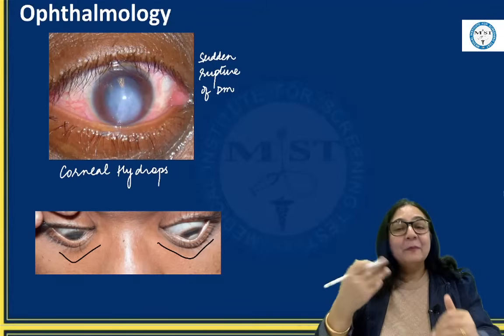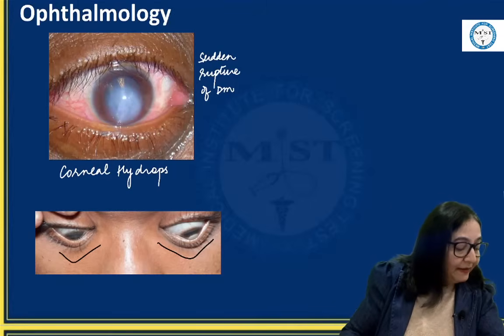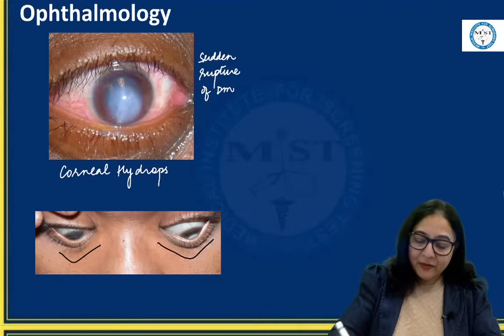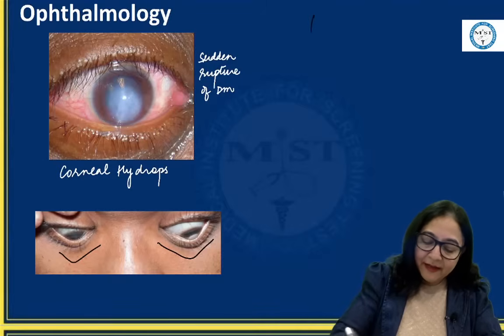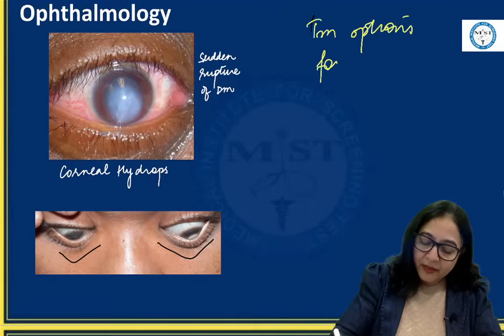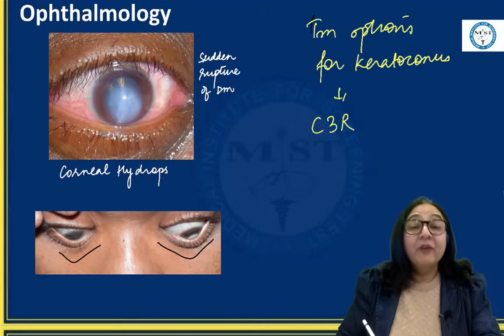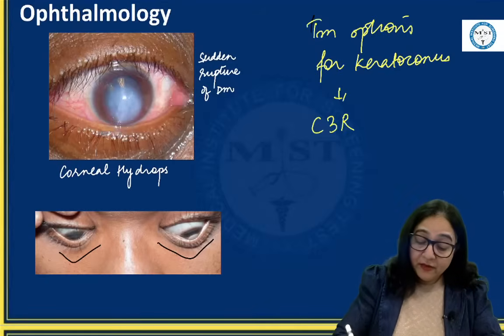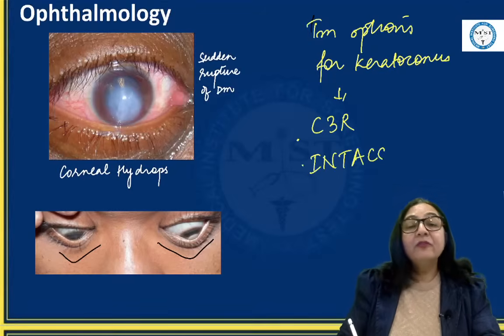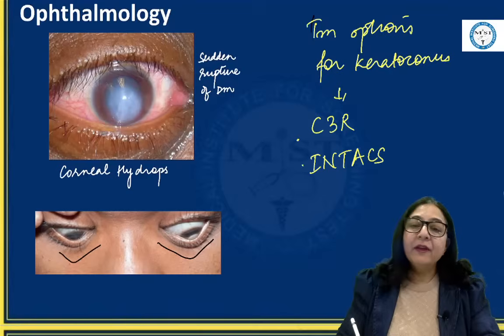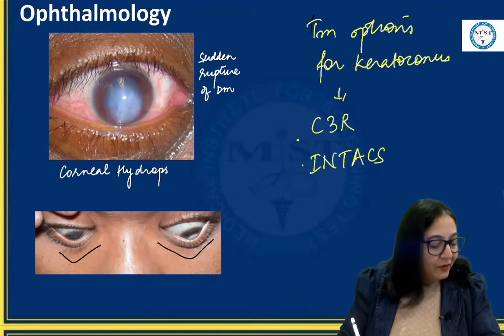And when it's a progressive one, you are doing, yes, very nice, C3R, collagen cross-linking, CXL, for progressive keratoconus, and then you can do INTACS, the intrastromal corneal ring segments, when there is progressive thinning of the cornea.